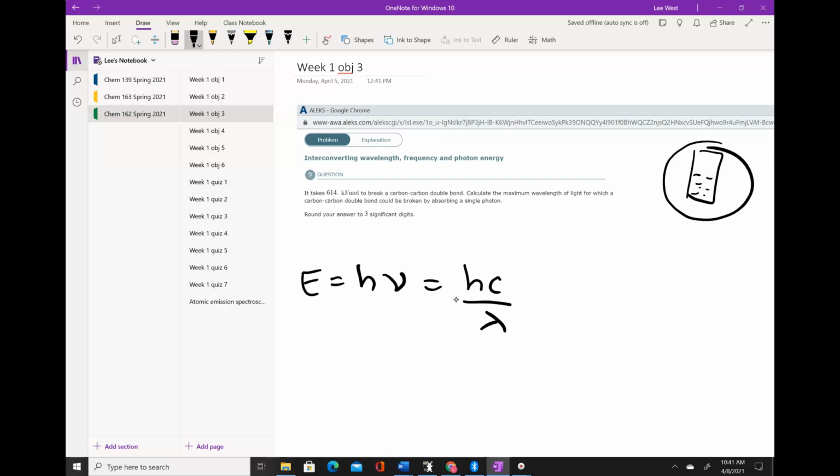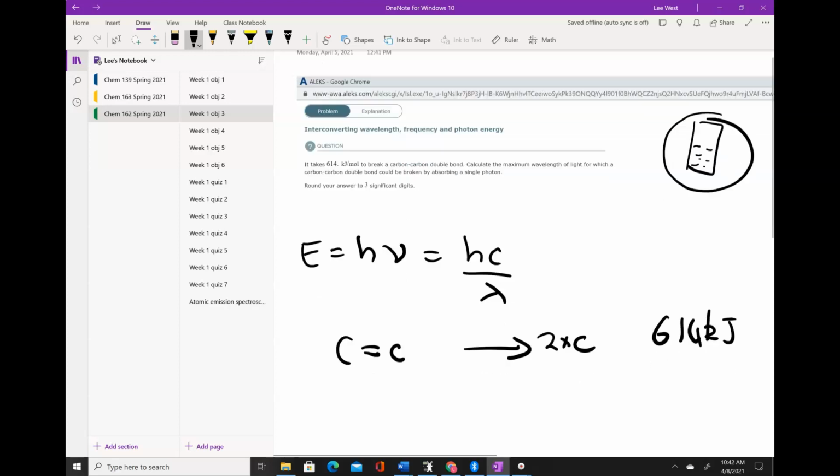Okay, so it says it takes 614 kilojoules per mole to break a carbon-carbon double bond. So if I break a whole mole of carbon-to-carbon double bonds to give 2 moles of individual carbon atoms, the energy that I have to put in is 614 kilojoules.